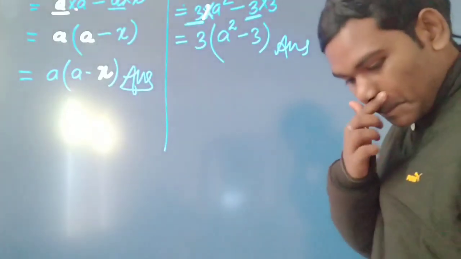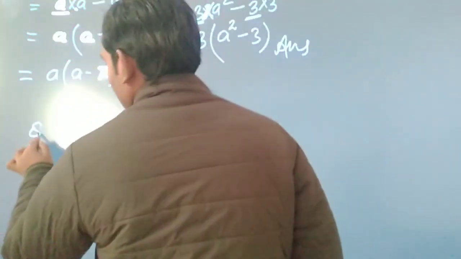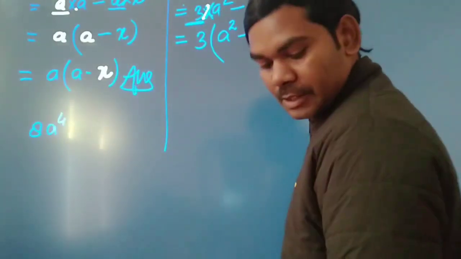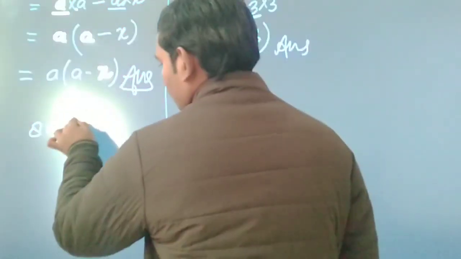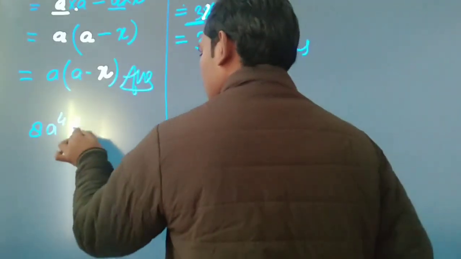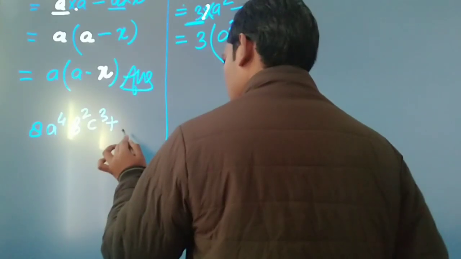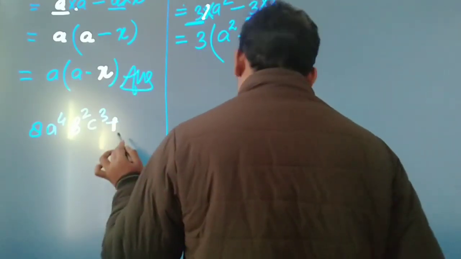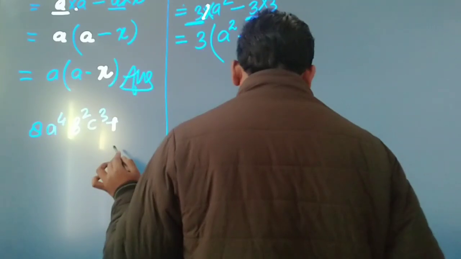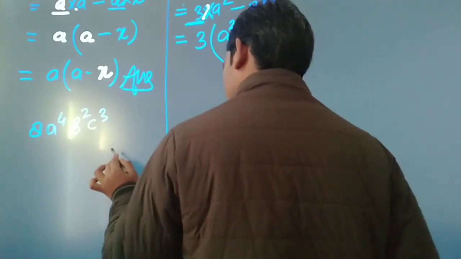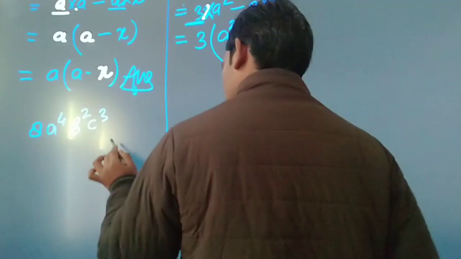The next question is 8a to the power 4 b square c cube plus 24 a square b square c cube, sorry, 12 a square b square c cube.